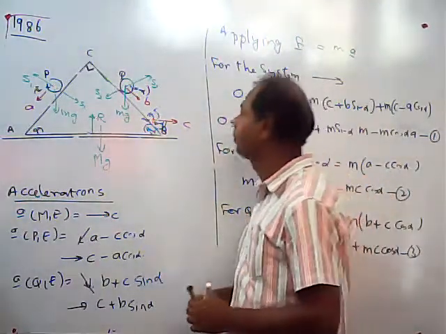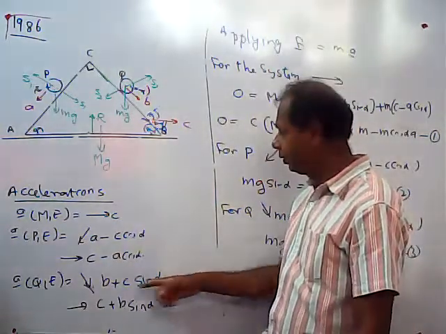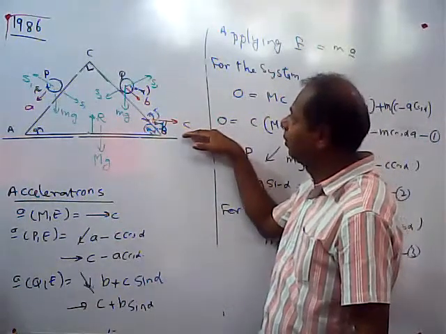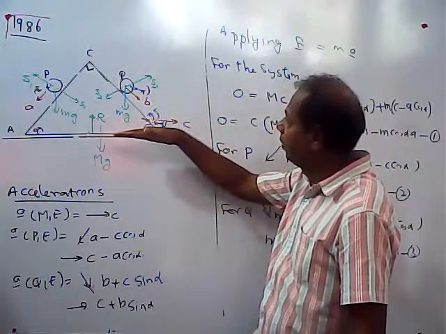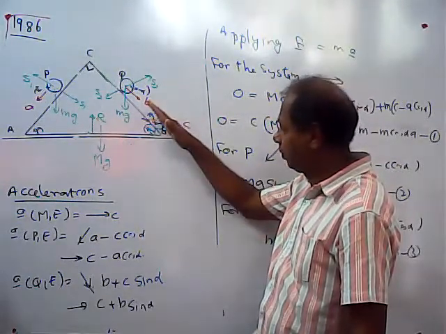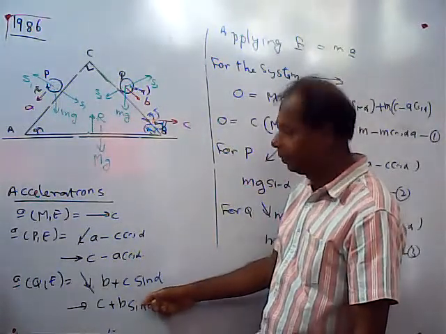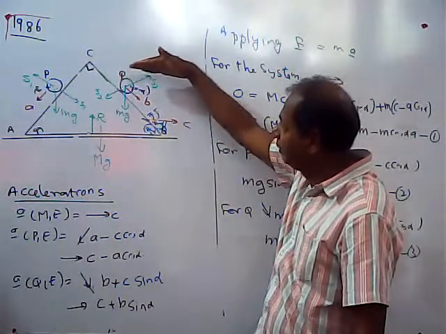Then the other one, horizontal force, please correct it here. It has to be b plus c sin alpha. Horizontally, c plus b. This is correct, I think.